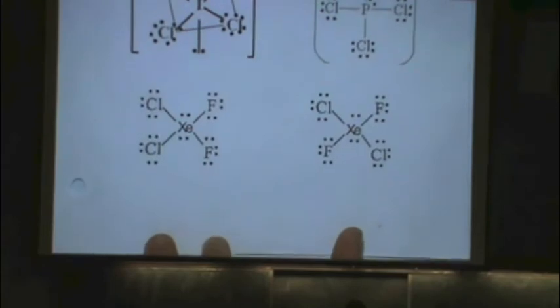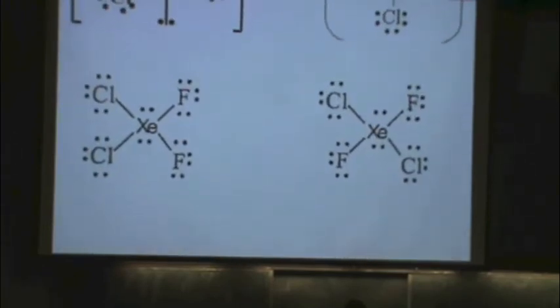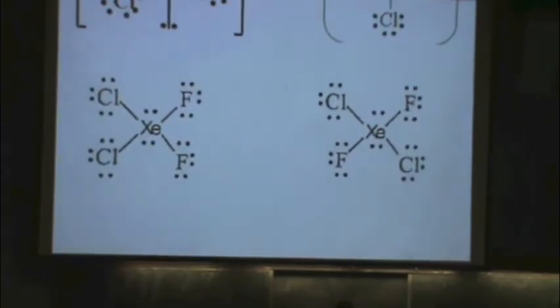Another set of tough ones down here at the bottom. This one is 6 groups on that center xenon in both cases, on the right and the left. So this is also octahedral, and the molecular geometry would be called square planar. Okay, one of these is polar, one is not. Is the polar one on the right or left?